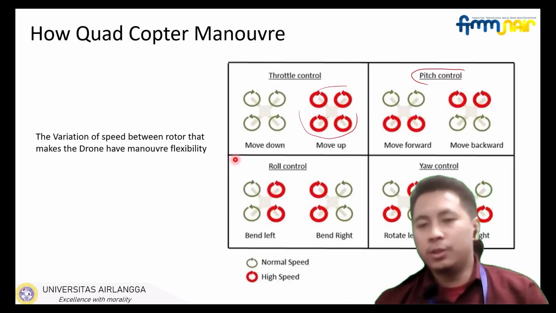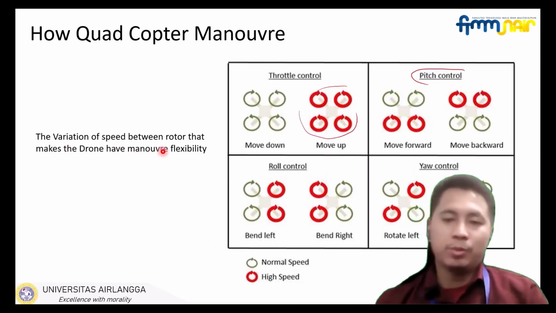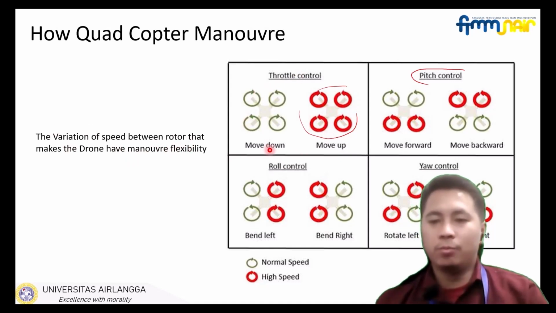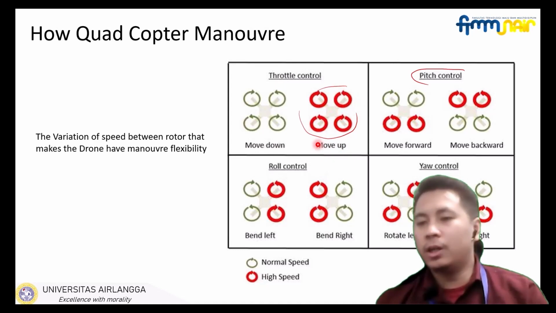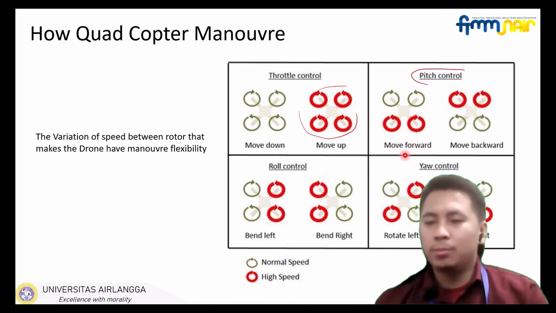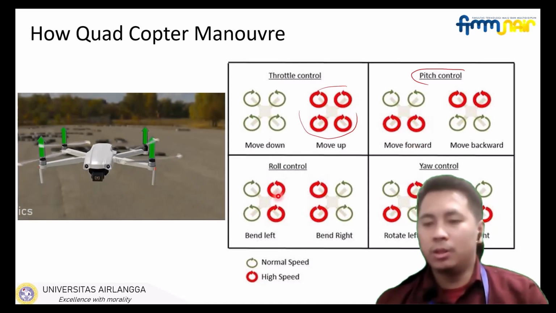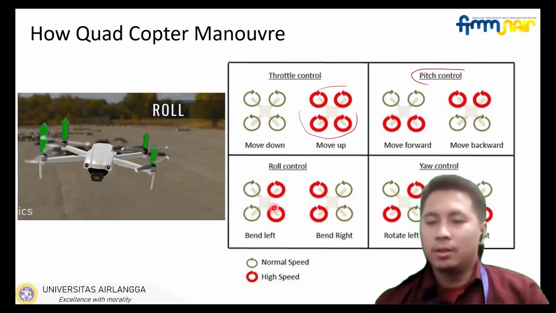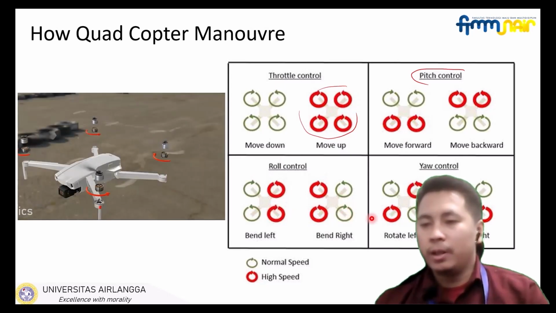And how does a quadcopter maneuver? It comes from the variation between the rotors. If we want to move down, just lower the speed; higher the speed if you want to move up. To move forward and backward, just vary the front and back rotors. Roll control is the same, only with the left and right motors.